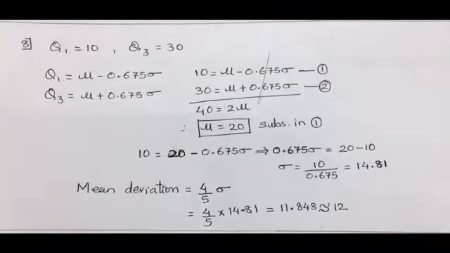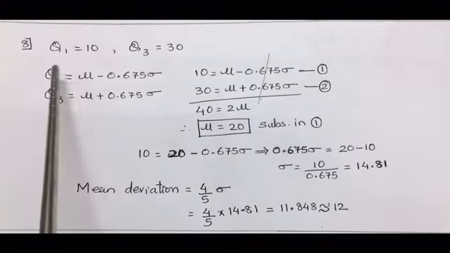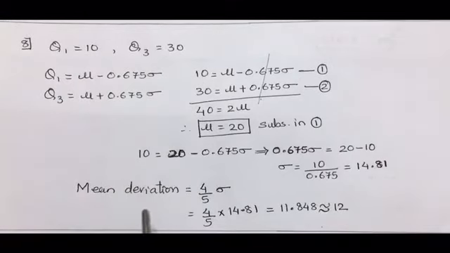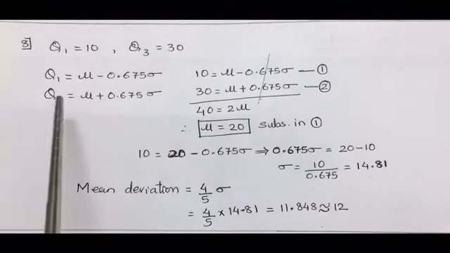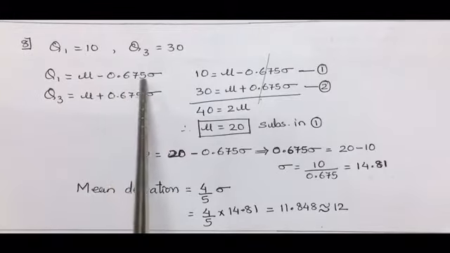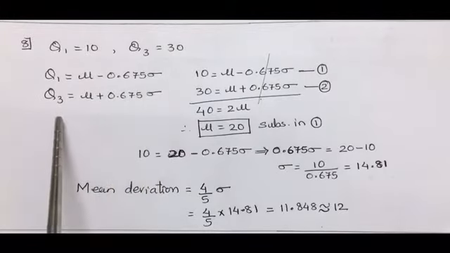Eighth one. Given is Q1 is equal to 10, Q3 is equal to 30. We need to calculate the mean deviation. Now the formula for Q1 is mu minus 0.675 sigma.